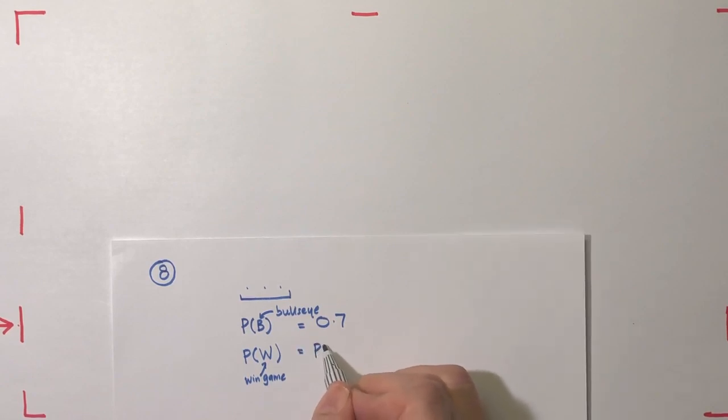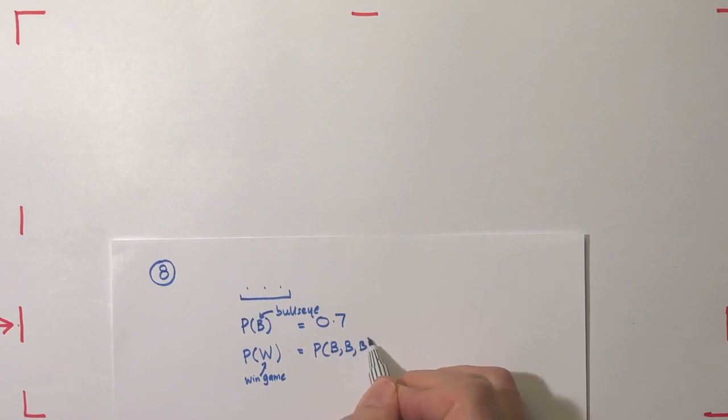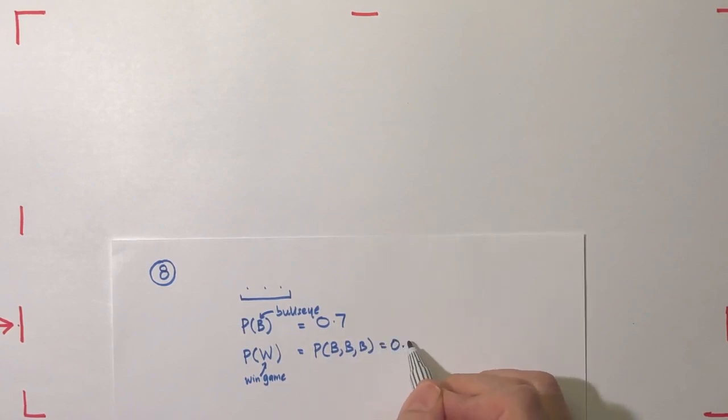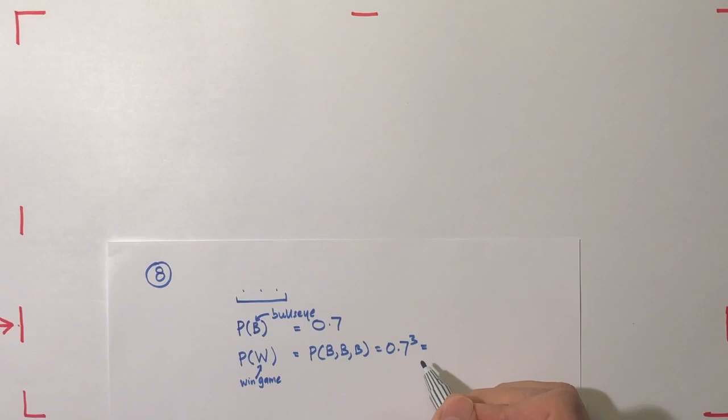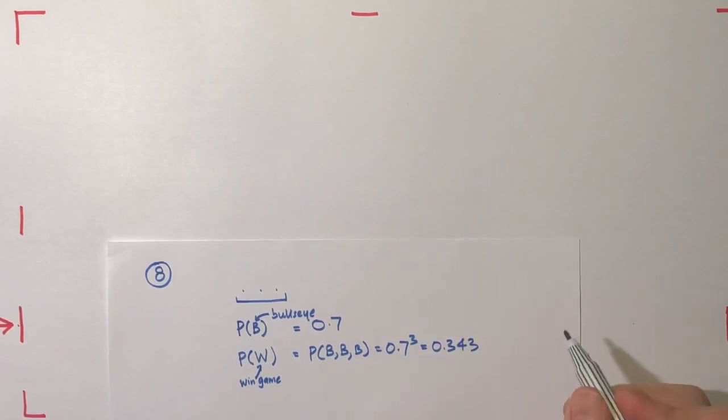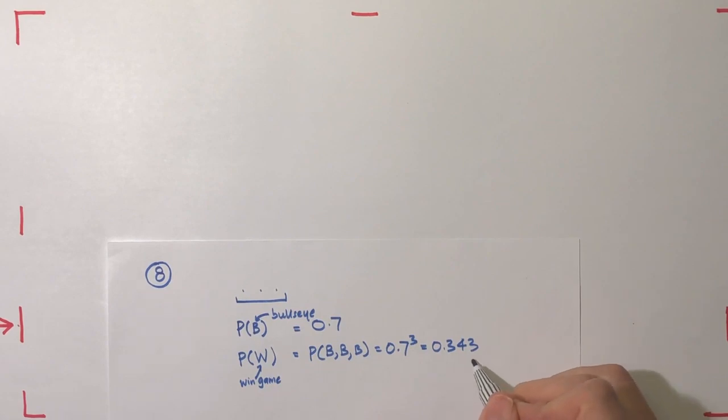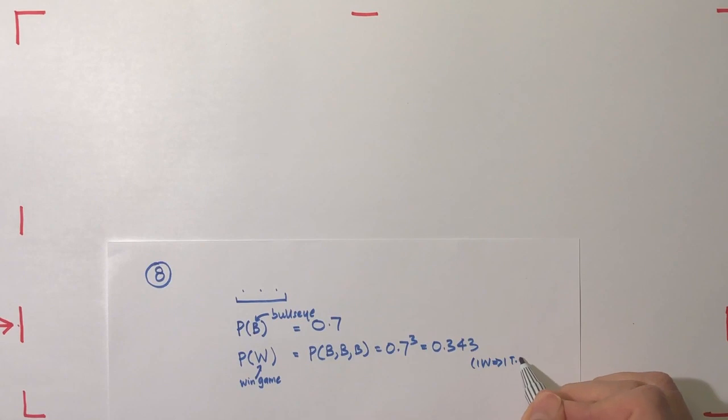To win a game, you'll have to have 3 bullseyes, which is the probability of having 3 bullseyes, and that is 0.7 cubed, and that's 0.343. So of course we know that 1 win means 1 teddy bear.